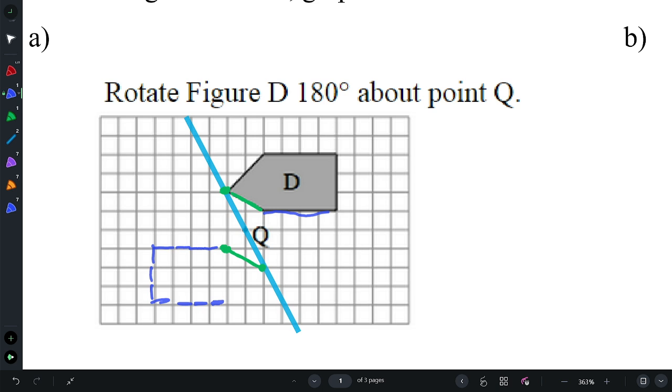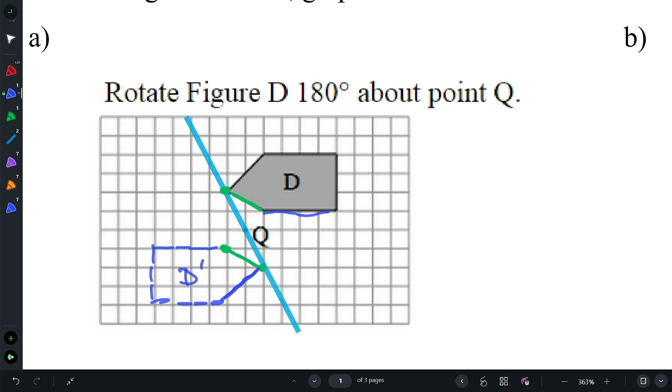And then I'm going to have this up 2/2. So I think this is the last one right here. There we go. So this would be the shape D prime after rotating 180 degrees about the origin.